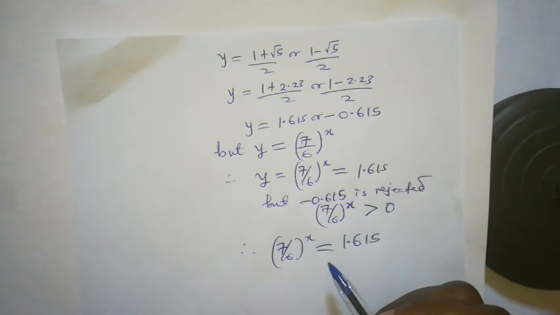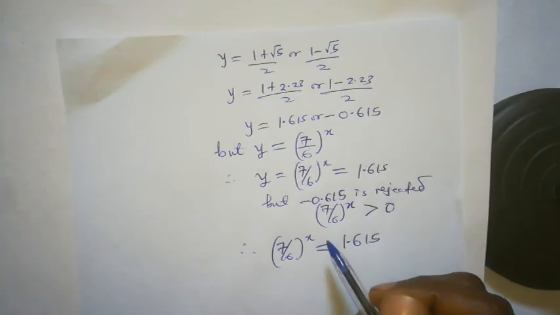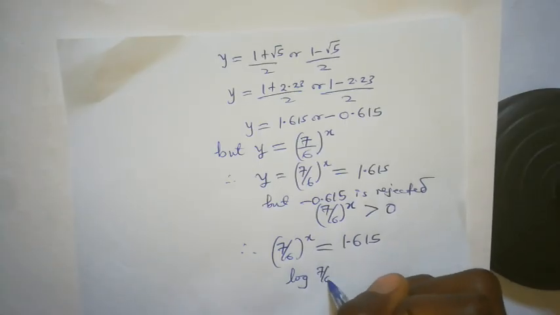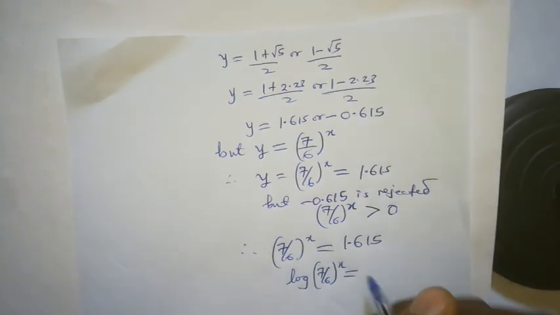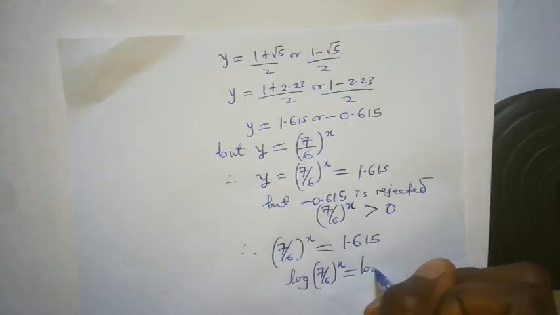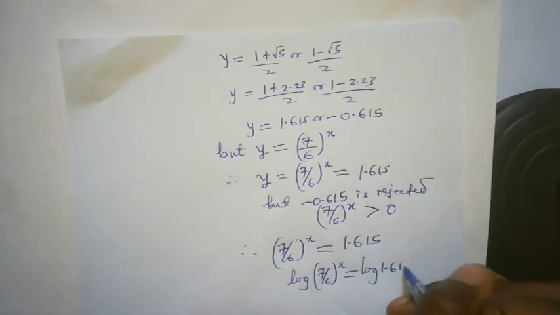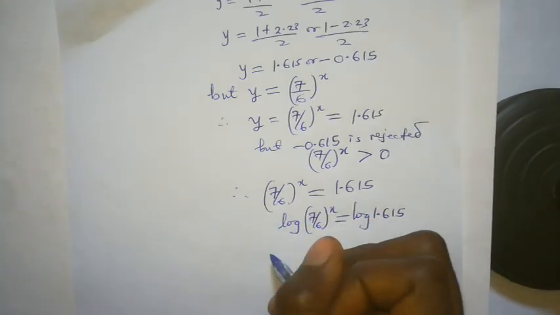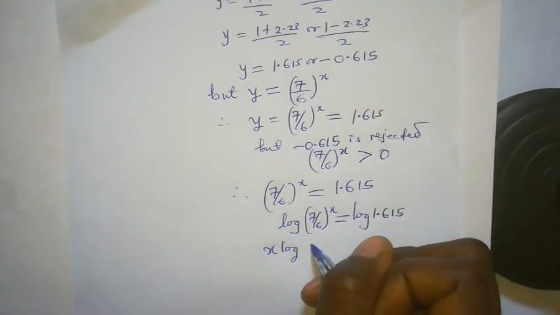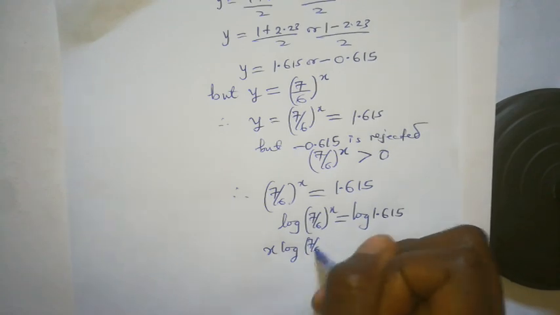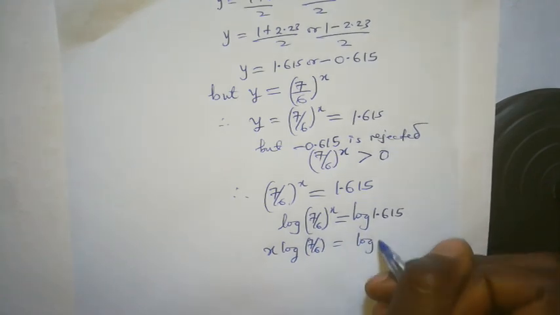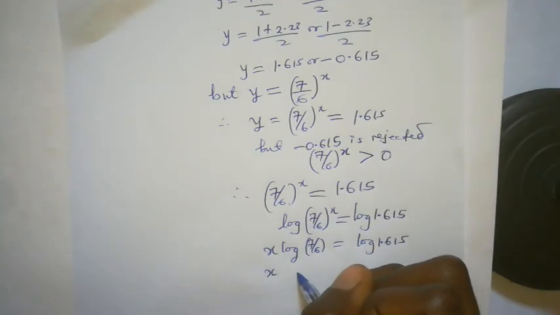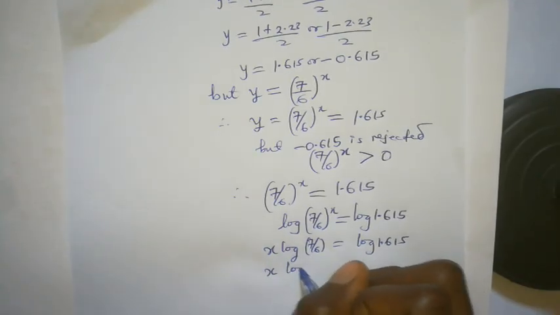So let's take the log of both sides. We are going to have log of 7 over 6 all to the power of x equals log of 1.615. So x becomes, here we have x times log of 7 over 6 equals log of 1.615.